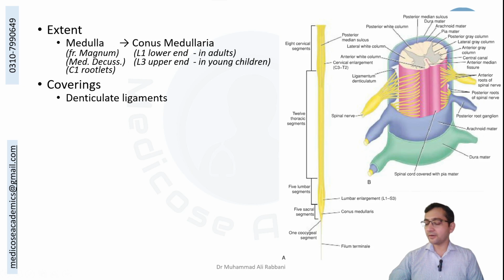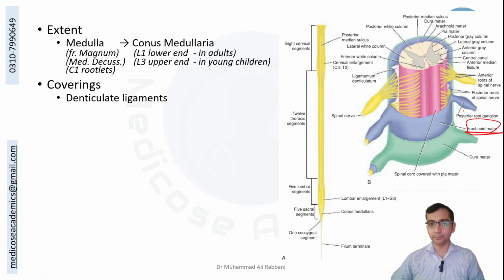Coverings. The coverings of the spinal cord, like all the other parts of the central nervous system, are three. The outermost, shown in green in this picture here, is the dura mater. It is a tough one and it covers the outside. Then inside there is the arachnoid mater, the second one. Arachnoid literally means like a spider, or that arachnid group of animals, and that is a sponge-like material that houses CSF.